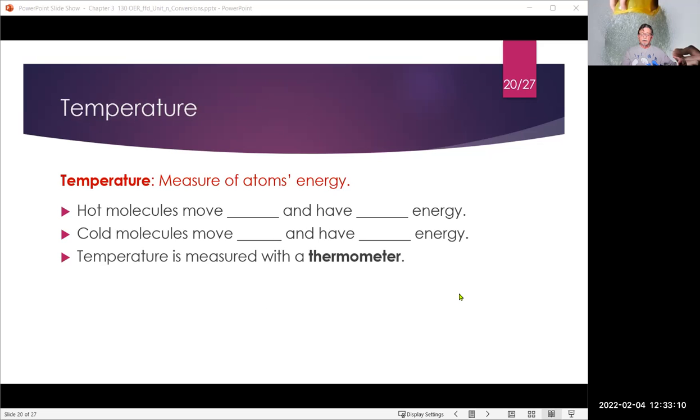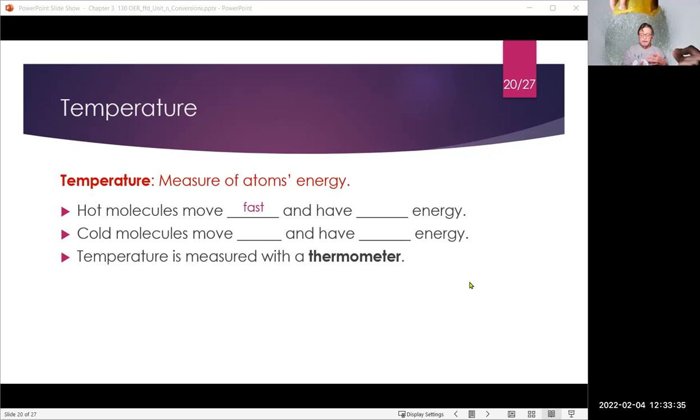If you think about it, we've got hot molecules, whatever they may be. Maybe you're boiling water, and they're going to move fast. You ever boil water? More likely you have, hopefully. You take a pot of water, put it on the top of the stove, turn that on, and that water starts to move, right? Because the energy of the burner is being transferred to the water.